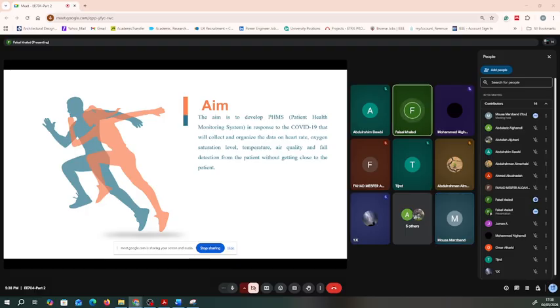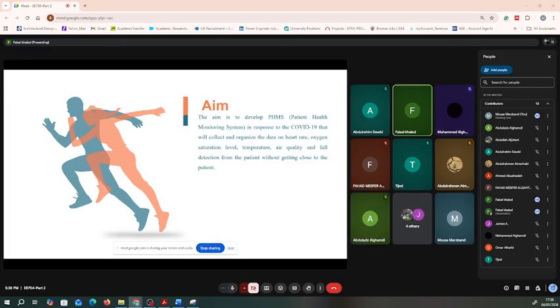The aim of my project is to develop PHMS, the Patient Health Monitoring System, in response to COVID-19. It will collect and organize data on heart rate, oxygen saturation level, the temperature of the room, and the air quality of the room.